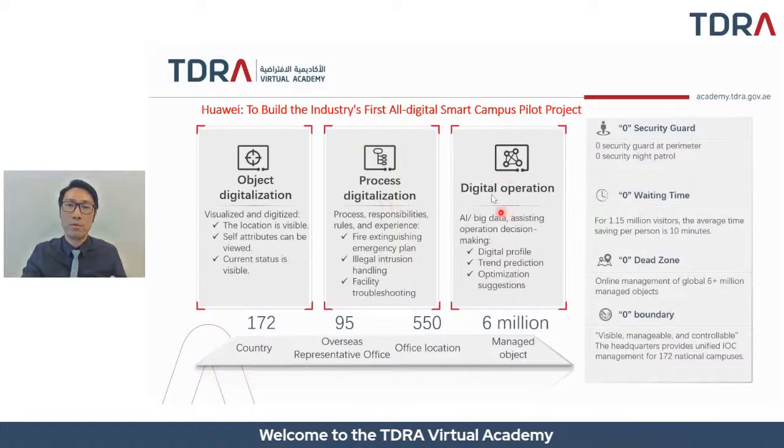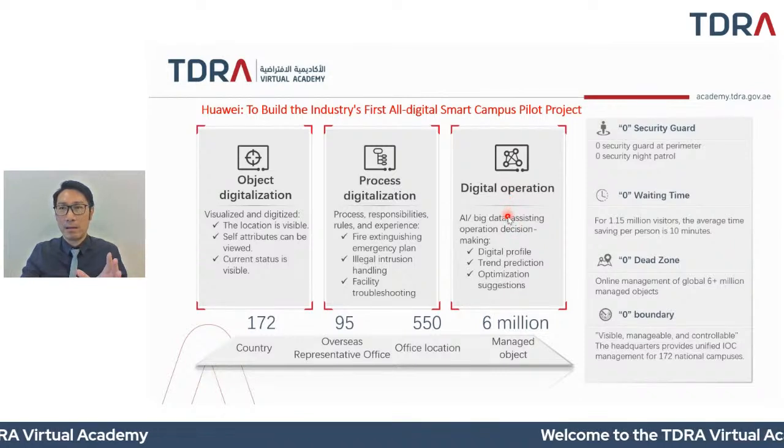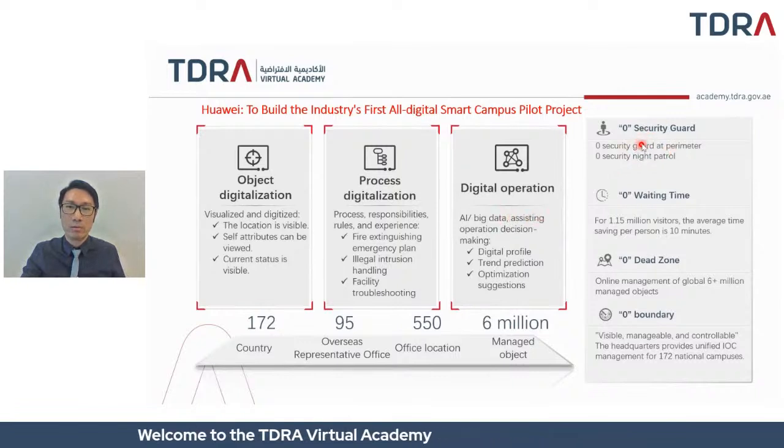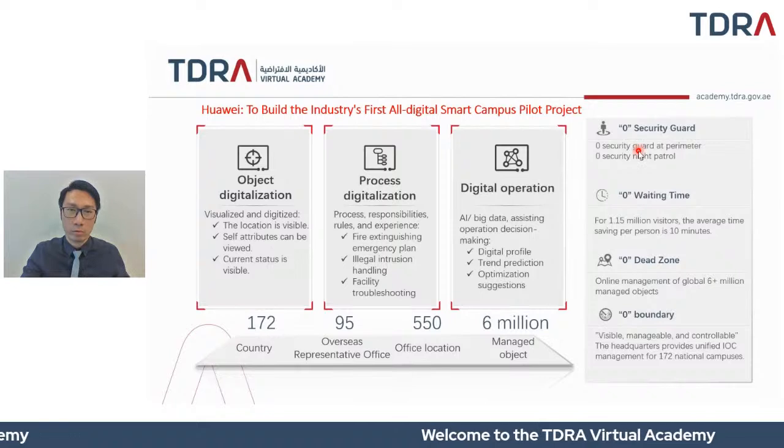And we could improve the whole operation together. The ultimate target is that the whole campus does not need security guards anymore, because everything will be automated, and maybe the security guard will only be at a control center.